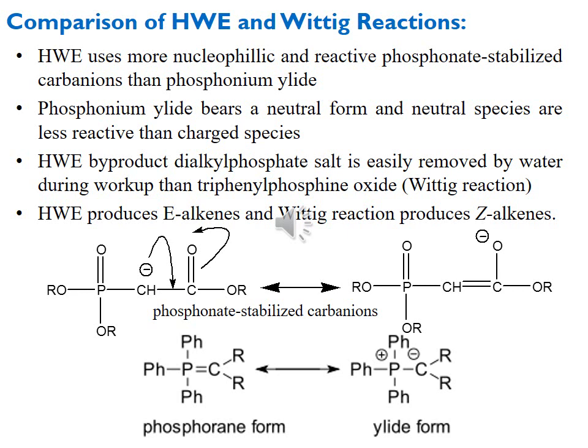And lastly, HWE produces E alkenes predominantly, and the Wittig reaction produces Z alkenes. But it should be clear that we can produce Z alkenes from HWE by using some specific conditions, and also we can produce E alkenes from the Wittig reaction by using specific conditions.